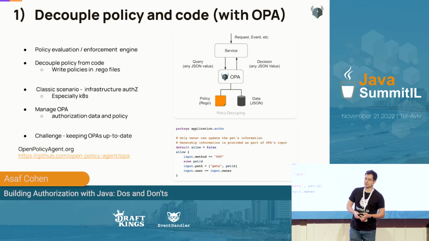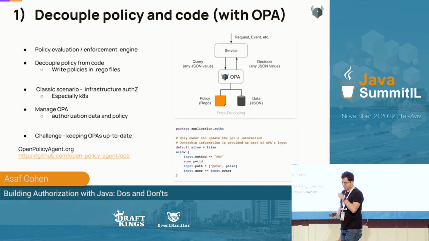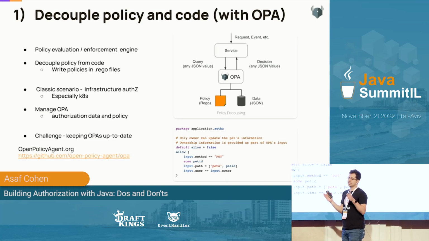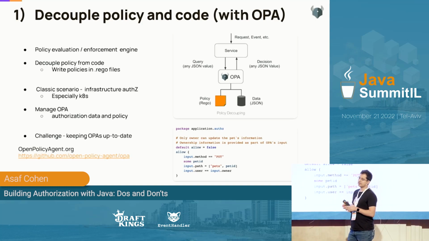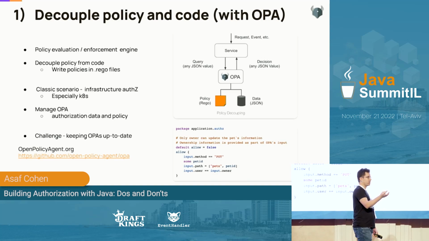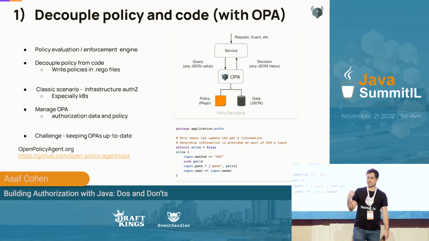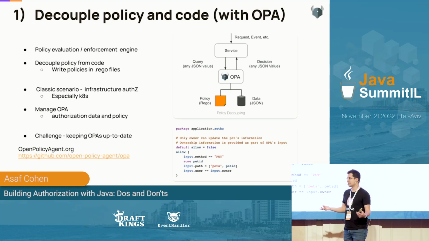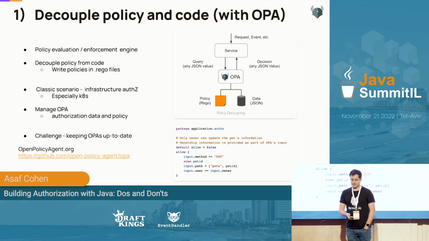And that is typically expressed in JSON with OPA. So OPA gets policy and data, and then it can answer authorization queries. It gets an input, a question: is this user allowed to do that? And it will give an answer. And it always speaks JSON. So you give it whatever JSON you want as a question, and you'll get a JSON answer. And you can express everything in JSON and in code. So that's the way it works.